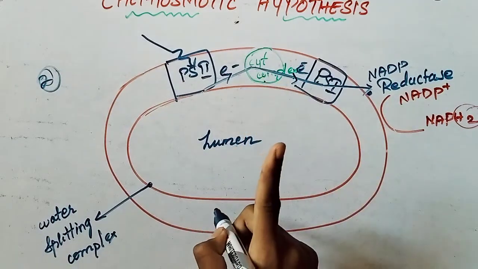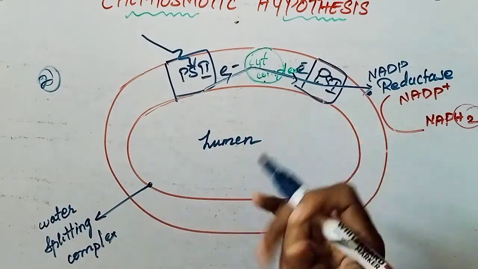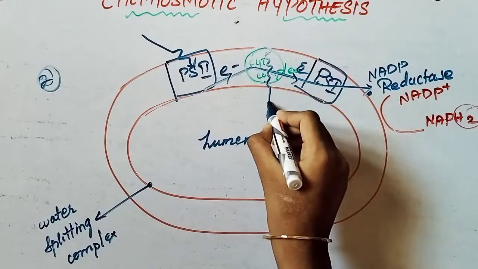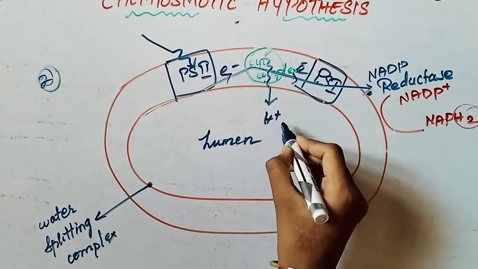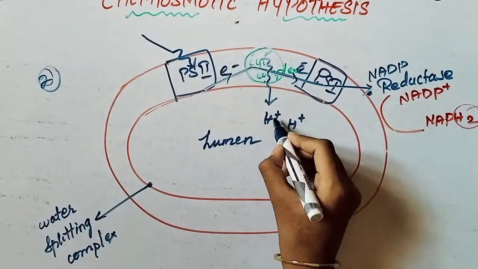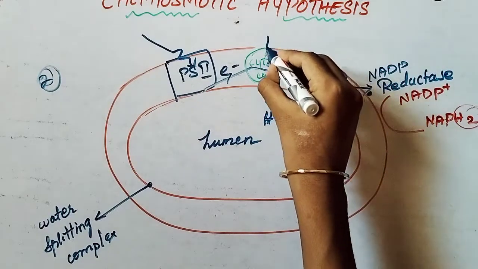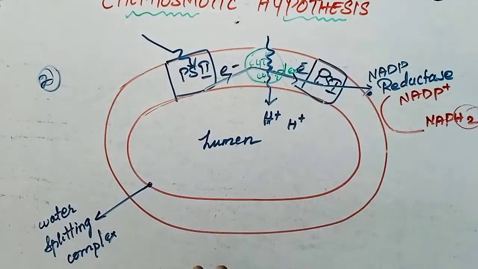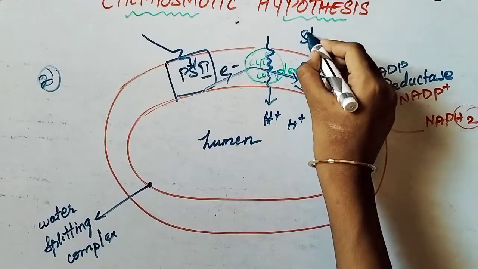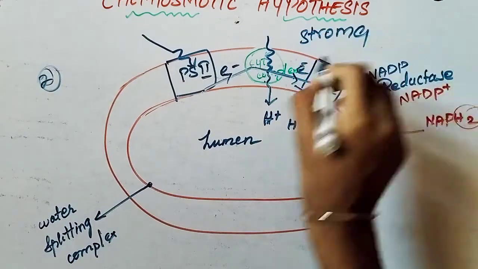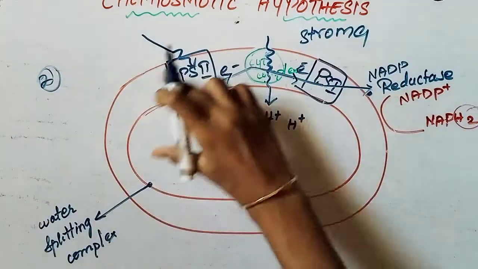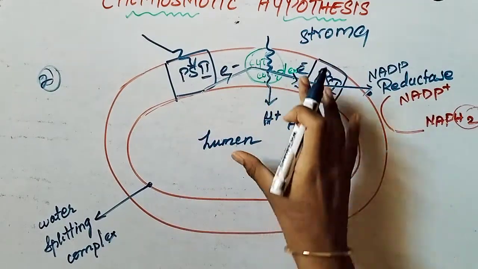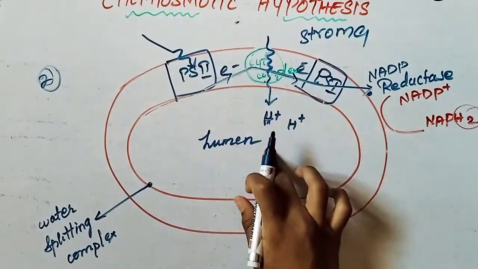While carrying one electron, a pair of protons comes inside, clear. So from the stroma it comes inside. This whiteboard is the stroma, this is a particular thylakoid, and inside this thylakoid we have the lumen.